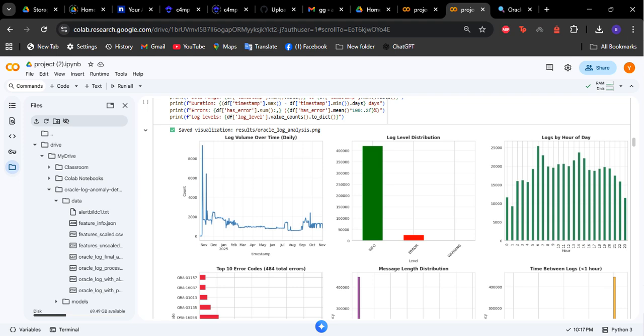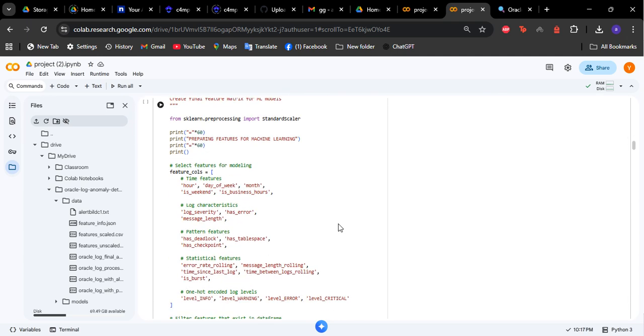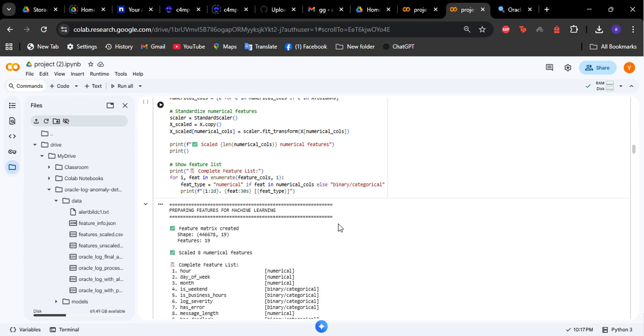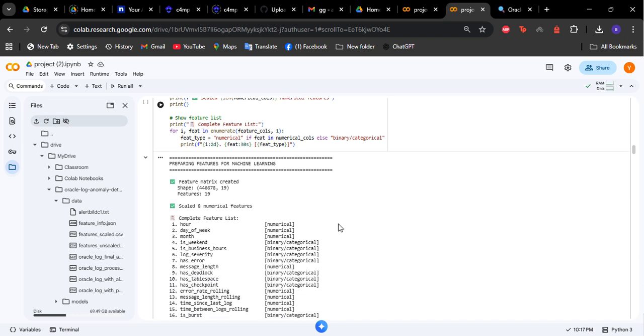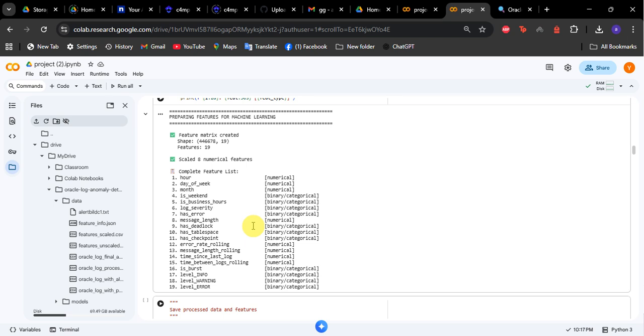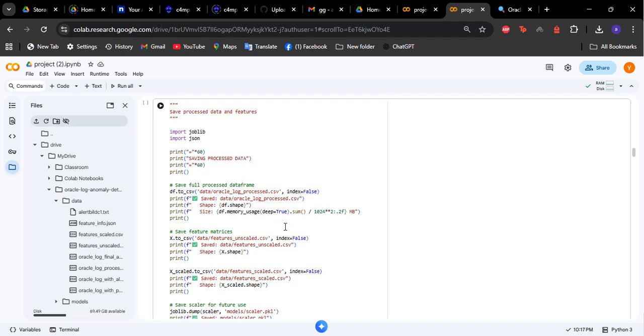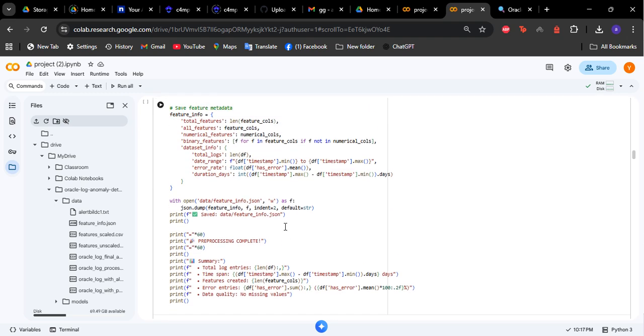After we have done our EDA, we go into our machine learning features. Since machine learning models do not understand plain text, we convert the logs into numerical patterns, which is called feature engineering. This means the log messages are converted into meaningful numbers, which helps in preprocessing.